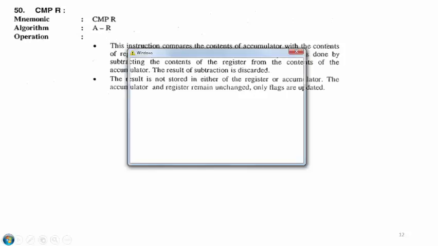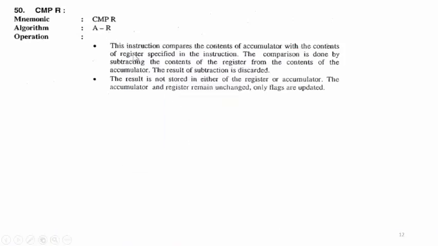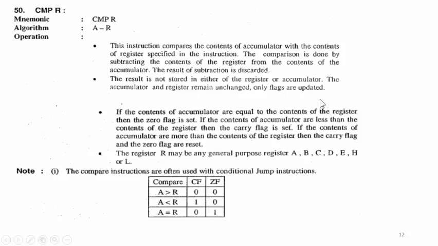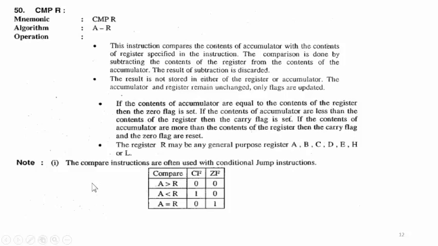The first instruction is CMP R. So here accumulator content gets compared with specified general purpose register content, and the comparison gets performed by using the subtraction technique, 2's complement subtraction technique, and result we are not getting in accumulator, so result we are getting through the flag bits, flag register.